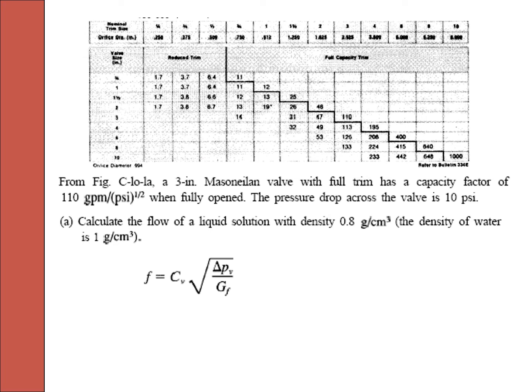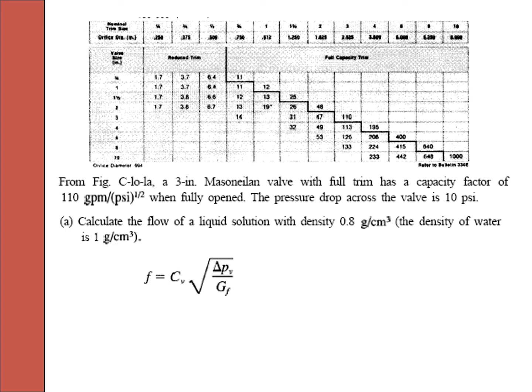Okay, now we try to do one example on how to use the flow equation. Let's read the question first. From the figure, a 3-inch valve with full trim has a capacity factor of 110 gallon per minute over psi when fully open.